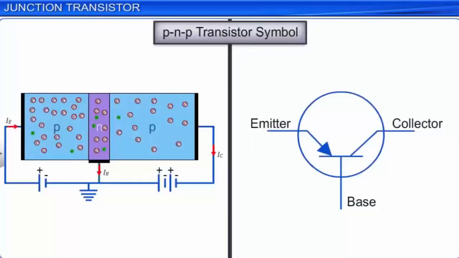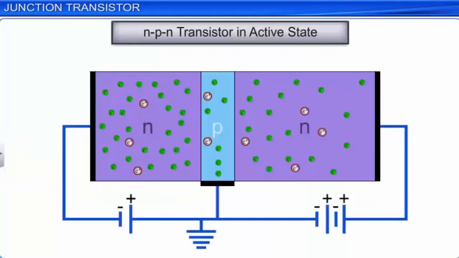Similarly, when the emitter base junction of an NPN transistor is forward biased, a large number of electrons from the emitter enter the base. This large flow of electrons from the emitter to the base constitutes the emitter current, opposite in direction to the flow of electrons.